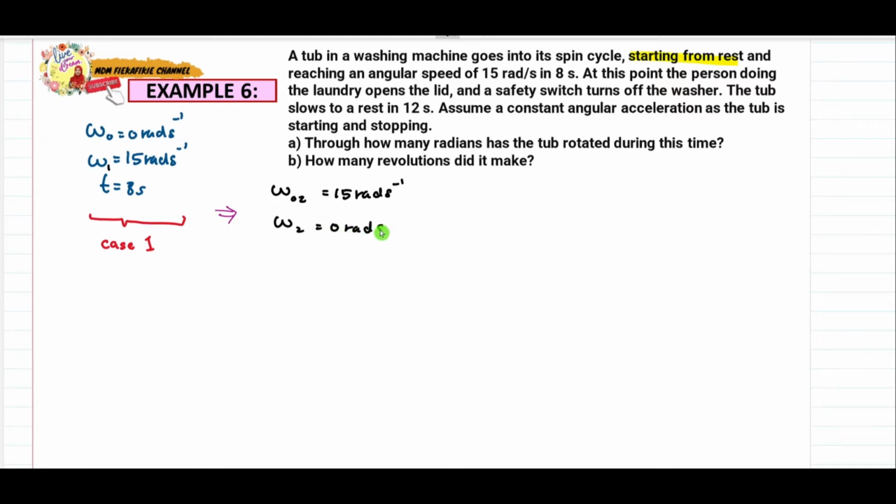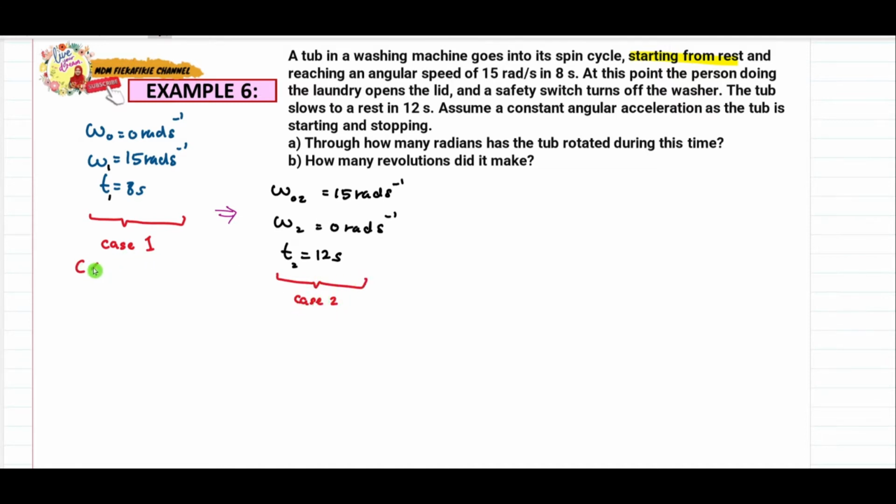They're slowing down dalam masa 12 seconds. So T2, yang ni kita letak T1. Assume a constant angular acceleration as the tub is starting and stopping. So maknanya constant angular acceleration masa dia accelerating untuk case 1 and then this is decelerating untuk case 2.